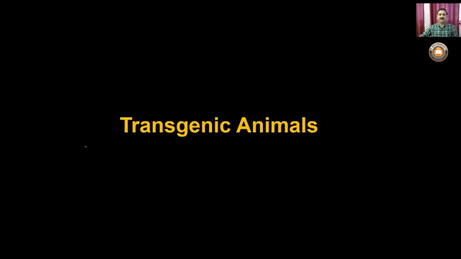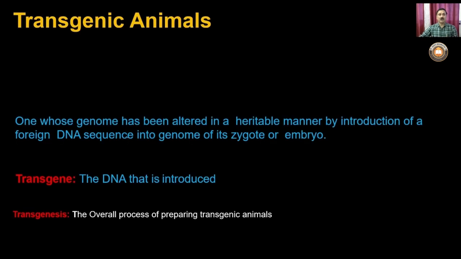So what is meant by transgenic animals? Transgenic animals are the animals which carry a gene from a foreign organism. What this means is that you are going to alter the genome of these organisms in such a way that it is heritable.